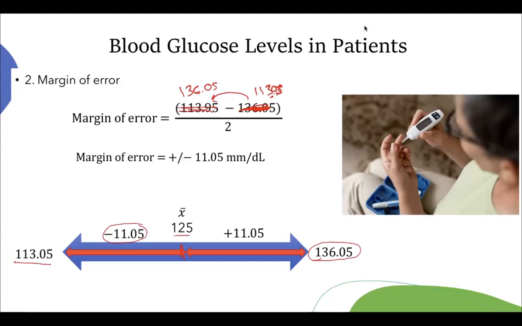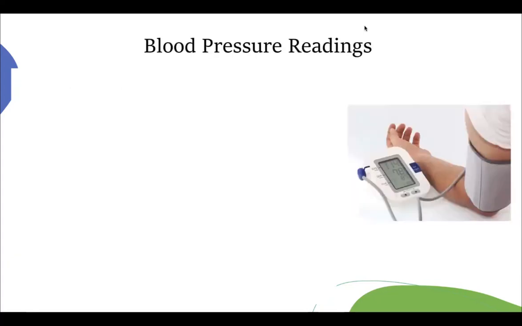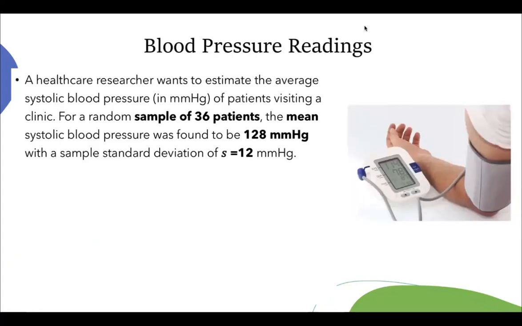So what we want to keep an eye out for in the wording of our problem is whether or not we have the population standard deviation or the sample standard deviation. A healthcare researcher wants to estimate the average systolic blood pressure of patients visiting a clinic. For a sample of 36 patients, the mean systolic blood pressure was found to be 128.